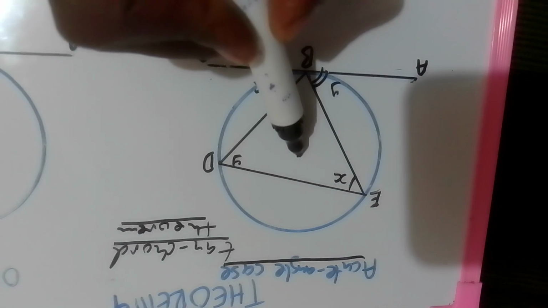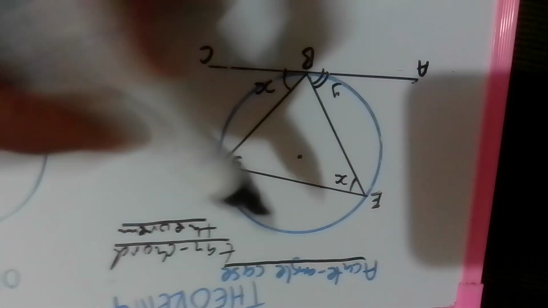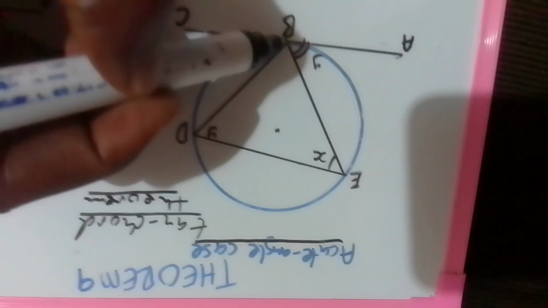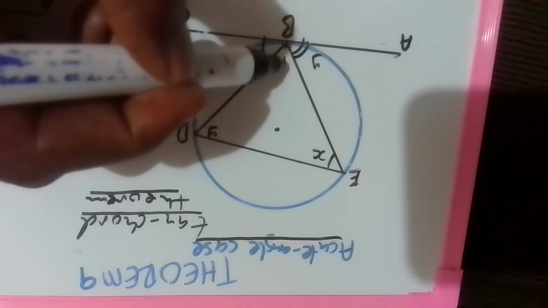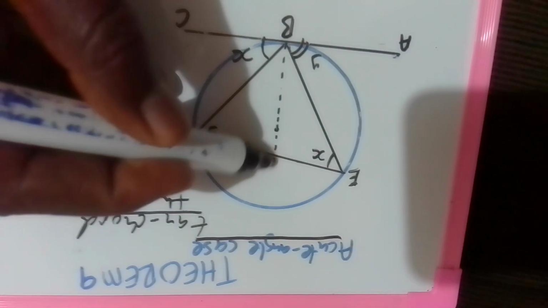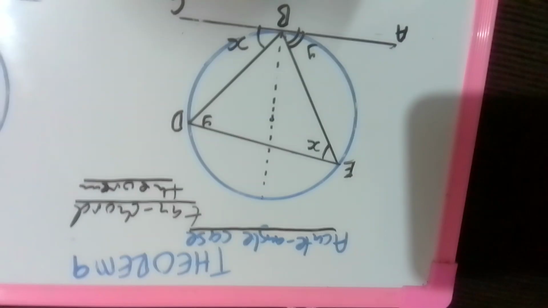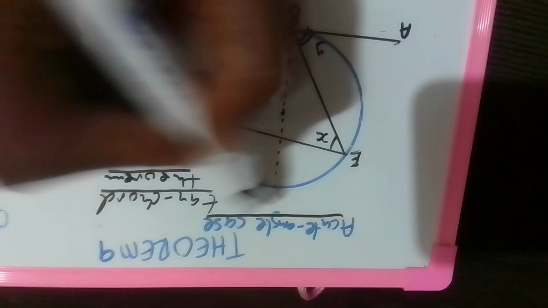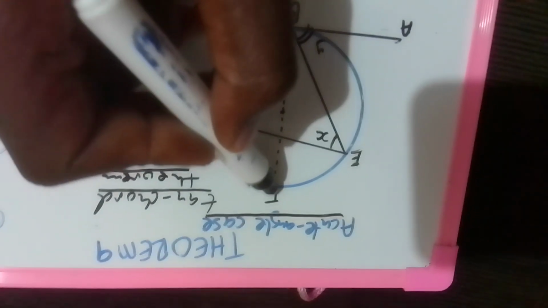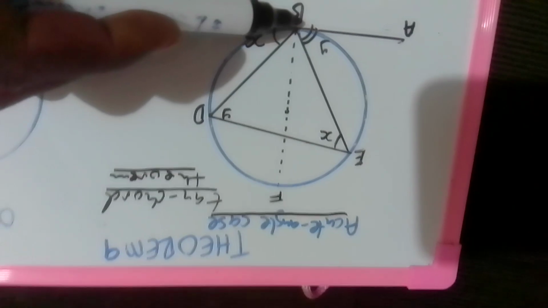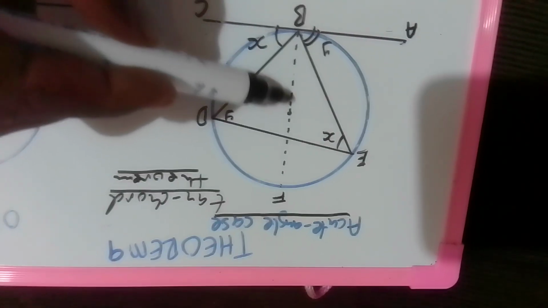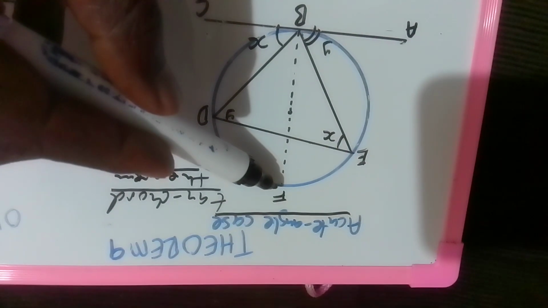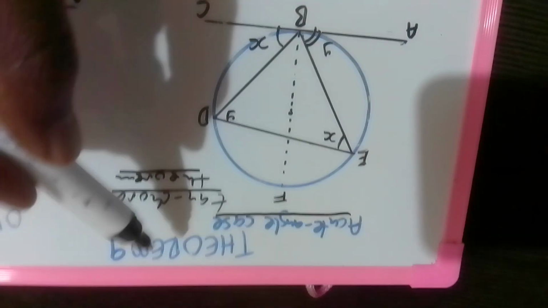Here at the dot, we have what we call the center, right? So I'm going to construct a line here. Now, there on top, I'm going to call it point F. If I move from one end of the circumference through the center to the other end of the circumference, what do I have?